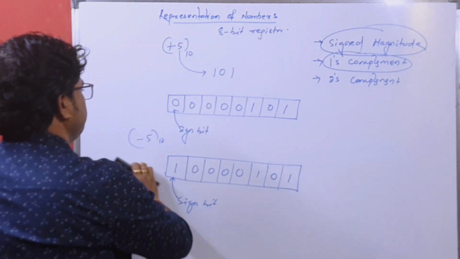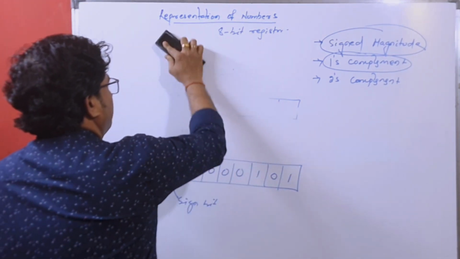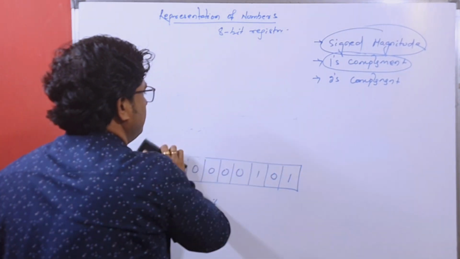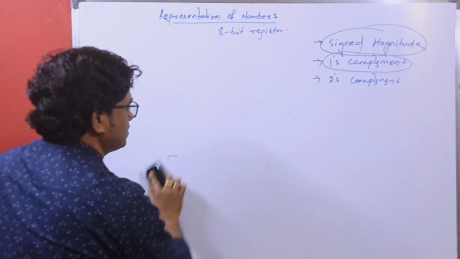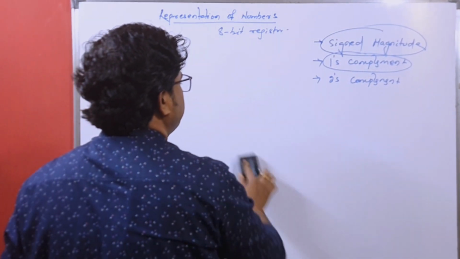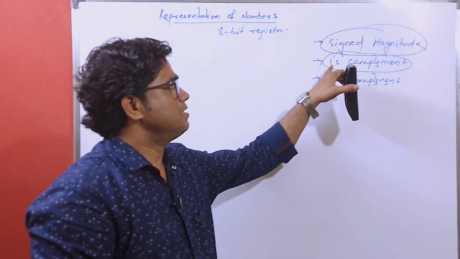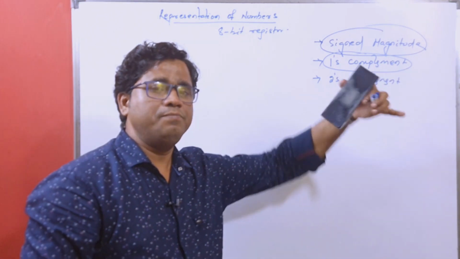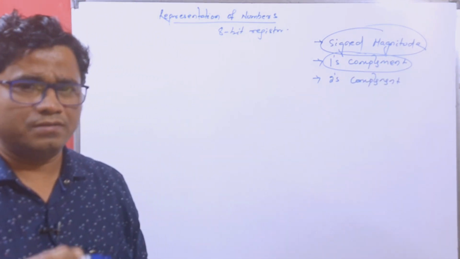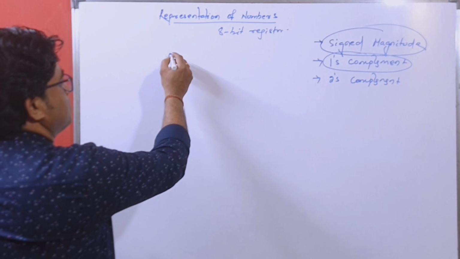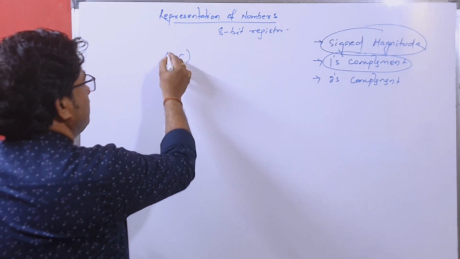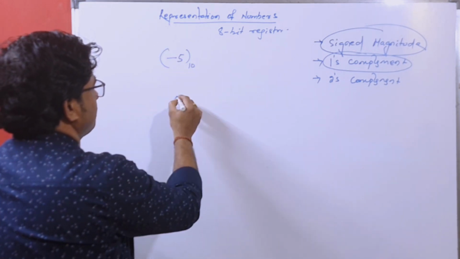How can you represent a number by using 1's complement representation? Consider the same register, an 8-bit register. And one thing to remember, the complementary system can only be employed on negative numbers, not on positive numbers. Suppose the same example, minus 5 base 10.